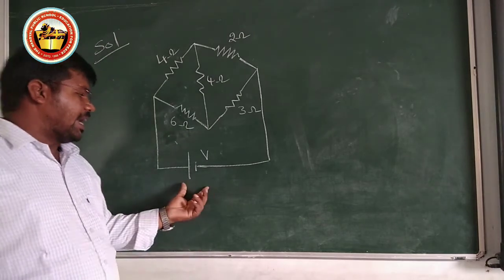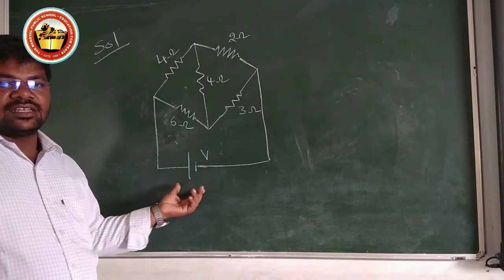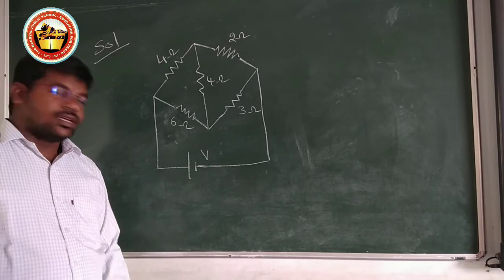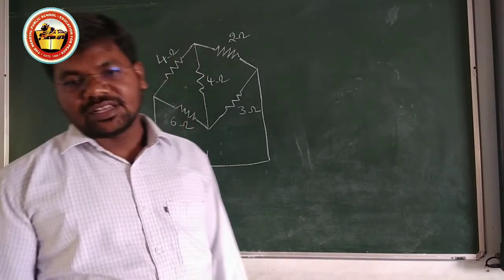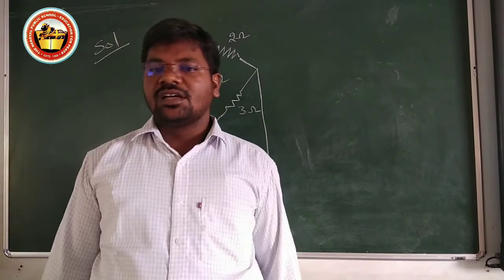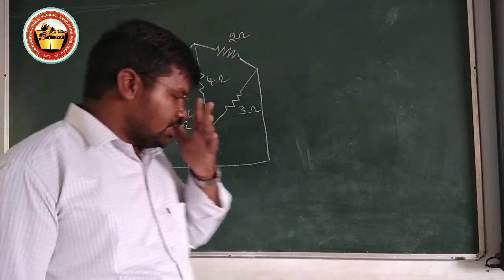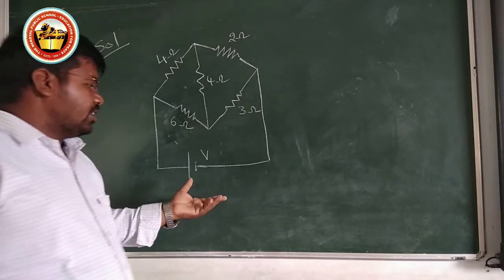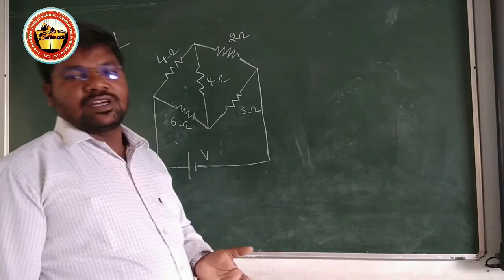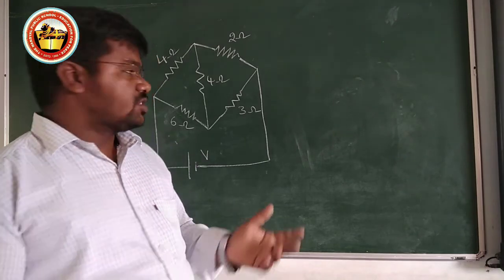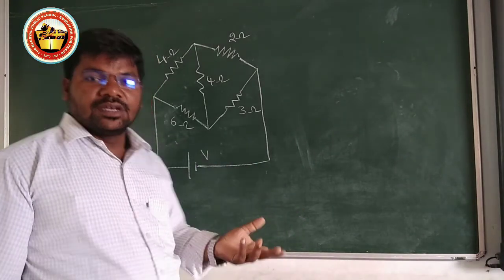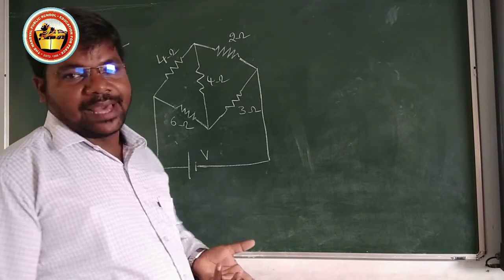Here a battery is given, battery EMF is V. From the diagram we have to find the total current passing through the circuit. If the ratio of the arms is the same, we can say the bridge is balanced.